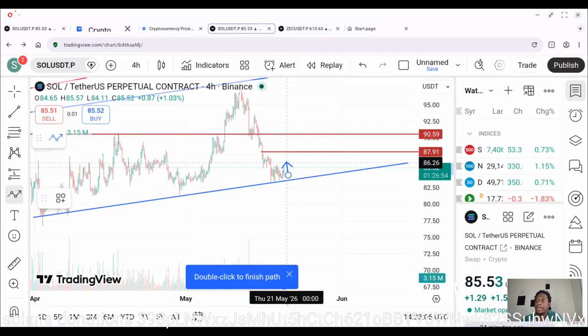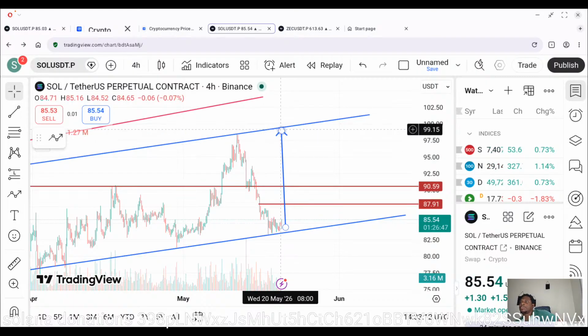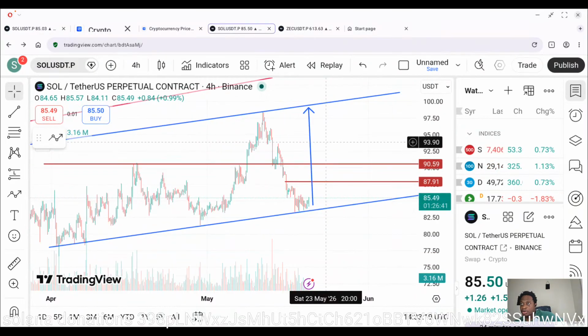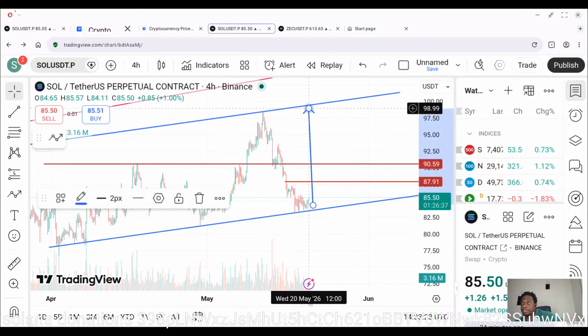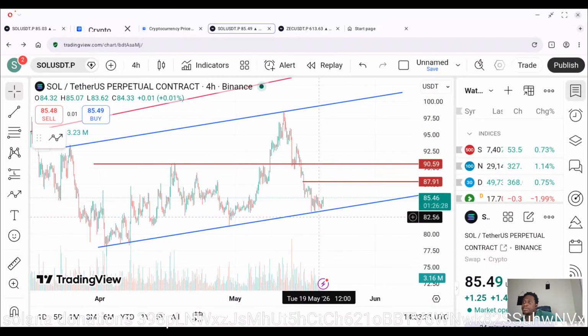We're expecting price to pull right to the top of this channel at about $100. But we also were discussing that we need to look out, because this is obviously crypto, and in crypto, price doesn't like to move unless some sort of liquidity has been taken, unless some sort of manipulation has happened.